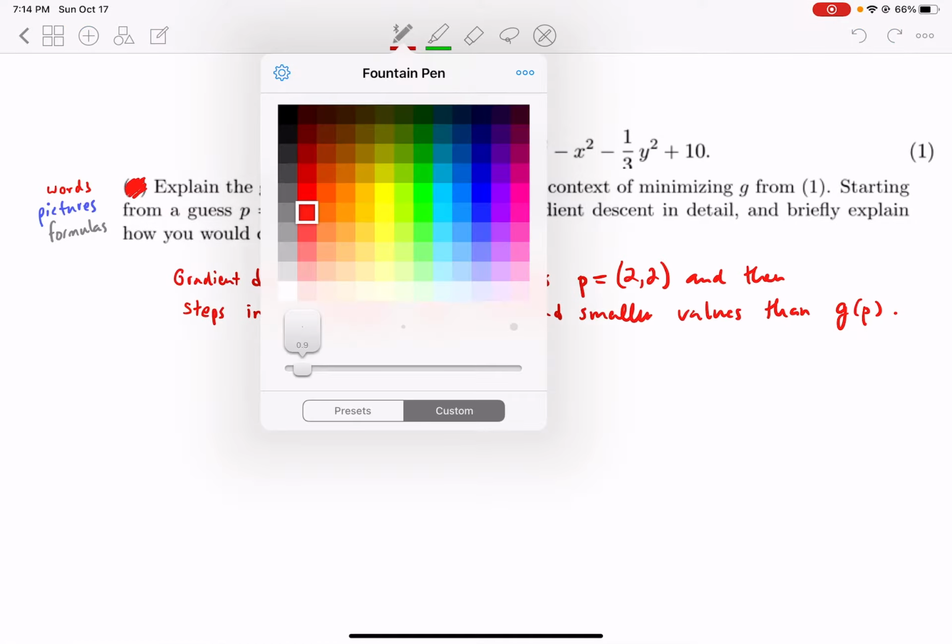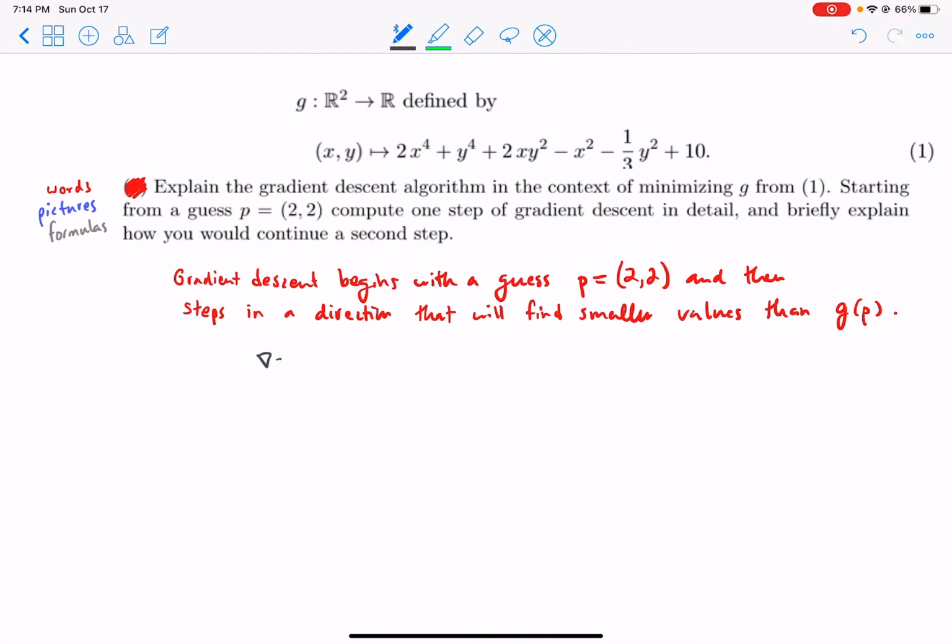Okay, but first we have to compute the gradient. So the gradient of g is now a map back to the input space. This is R2. And it sends (x, y) to, okay, so I have to take the partial derivative with respect to x, single variable calculus. Here I get 8x to the third, that's 0, this will be 2y squared, minus 2x, and 0 and 0.